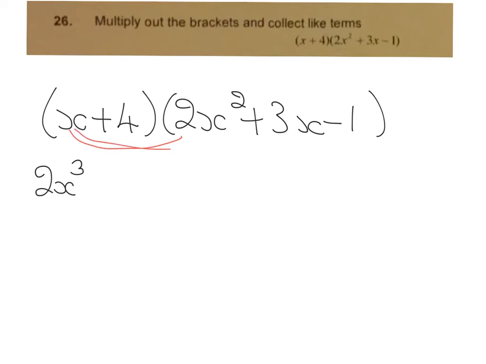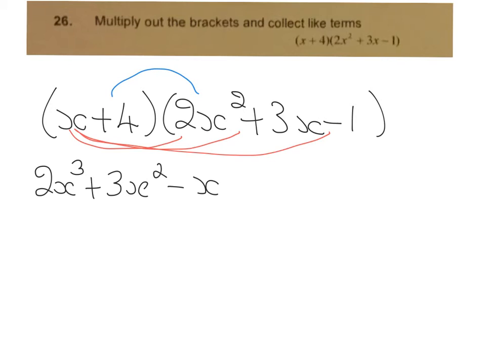Then we're going to do x times 3x, which gives us plus 3x squared. Then x times negative 1, which is minus x. Now we're going to multiply through by the 4.